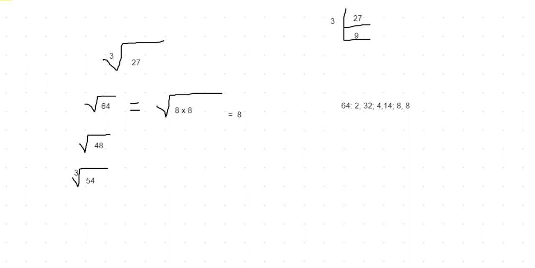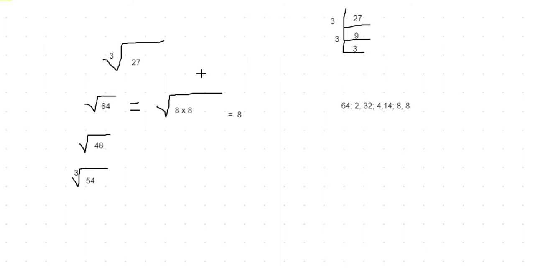You would continue this process until you reach a prime number on the rung. So for 9, the smallest prime number that goes into it other than 1 is 3 again. And 9 divided by 3 makes 3. Since 3 is a prime number, you would stop.